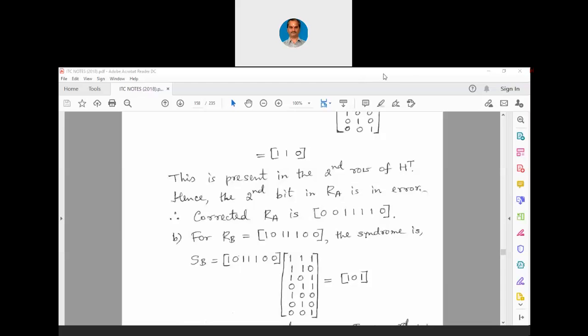Okay, the answer is by knowing the number of received bits. Yes, the number of received bits is 7 only here. That is fixed. Based on the number of bits of RA, we consider the syndrome. That is correct. We will have a code vector also of 7 bits, and a received vector also of 7 bits. Those 7 bits are fixed. My question was not that. Based on the 7 bits only, we will have 7 rows in Hamming transposed.